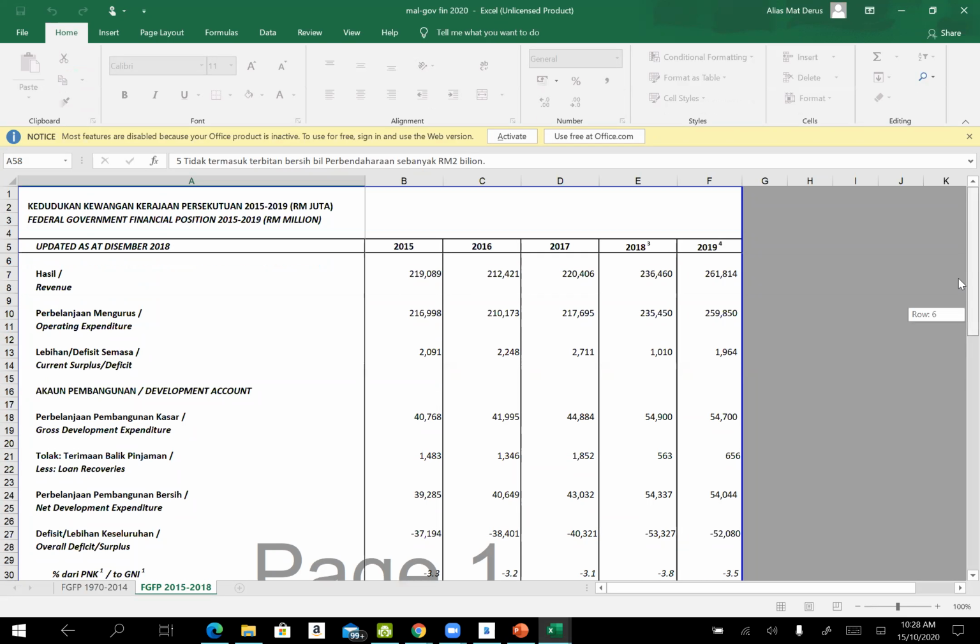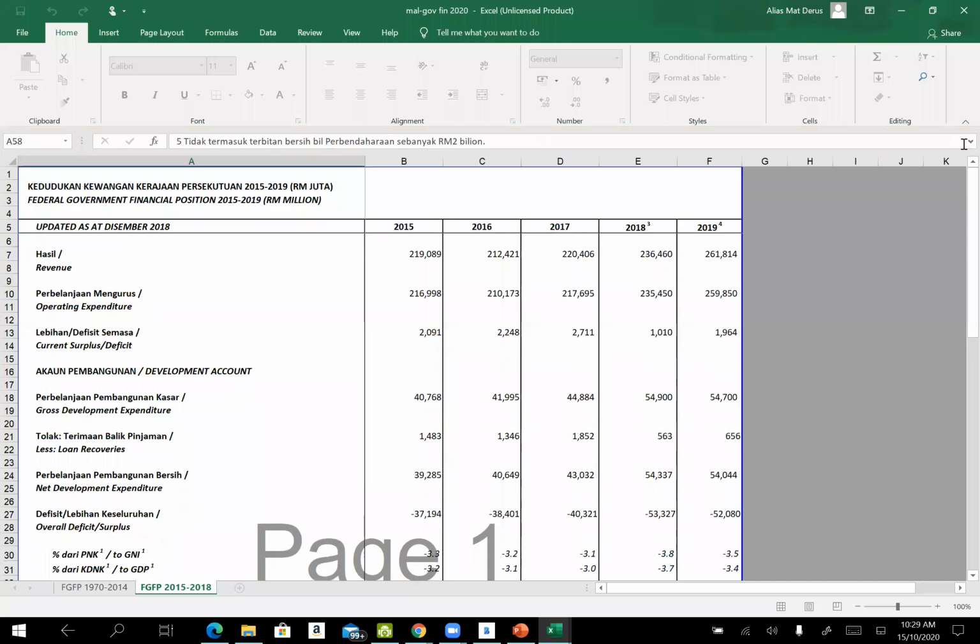You compare the total revenue, the first row, to the operating expenditure and to the development expenditure. We reviewed the first fact: revenue is less than the total expenditure, so we have a deficit. I want to go into a little more detail. What can you say about that deficit?